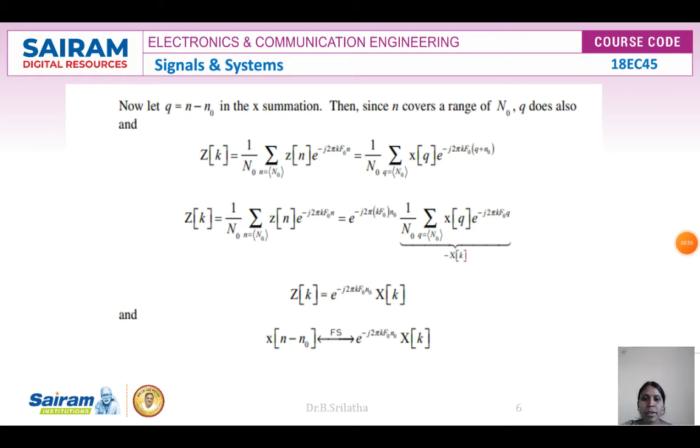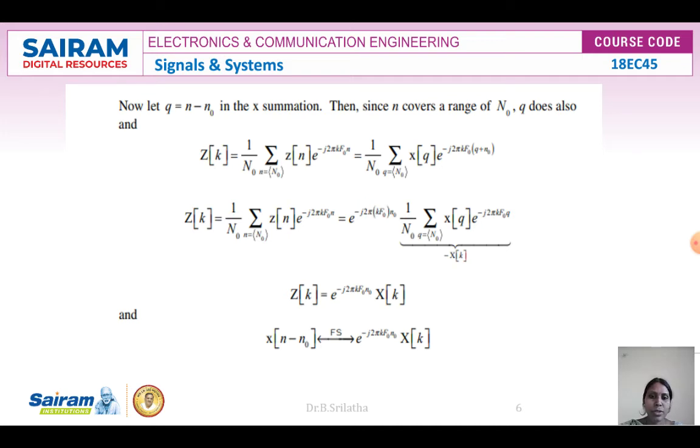So now here the e power is divided into two functions, that is e power minus j 2 pi k f naught into q, and e power minus j 2 pi k f naught into n naught. We are summing with respect to q, which means n naught is constant, so we can take it out from the summation.